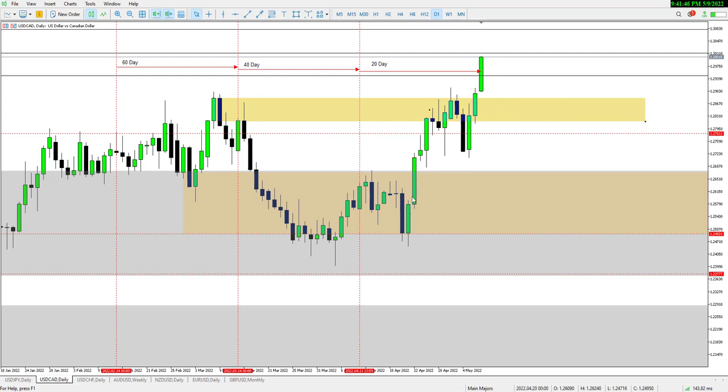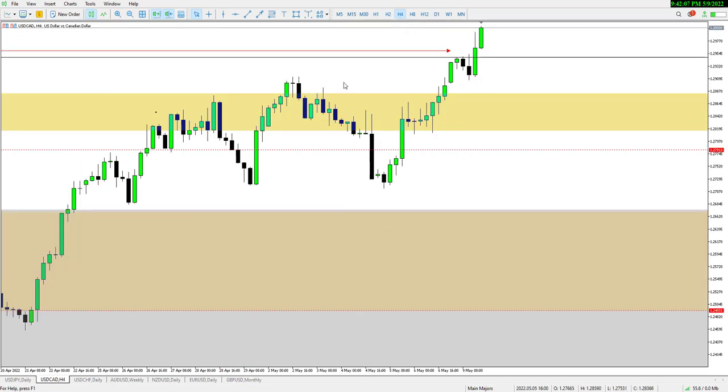We also have this fair value here on daily. That's also another discount array ultimately if price does return to this level. But remember, this is our weekly fair value gap. Then we've got our monthly bullish order block, the gray shaded area.